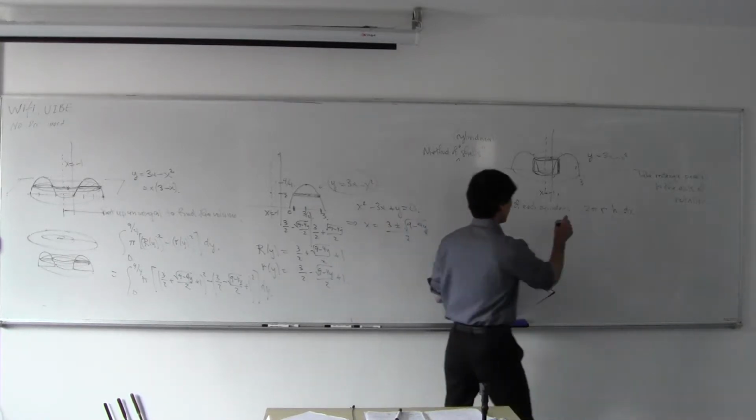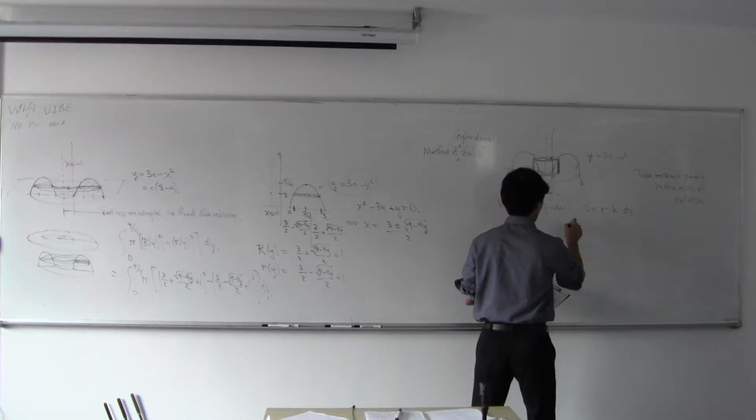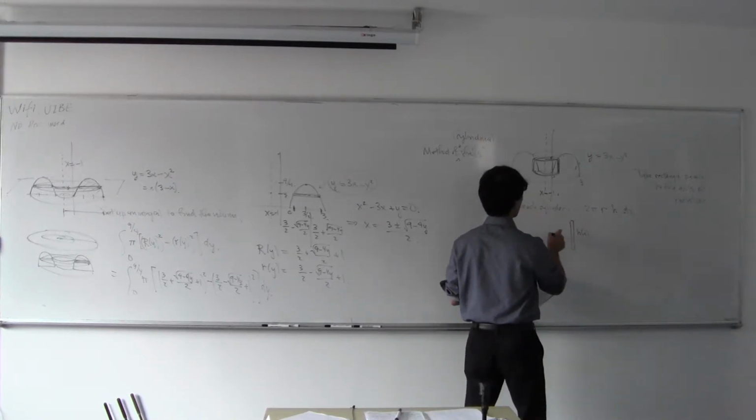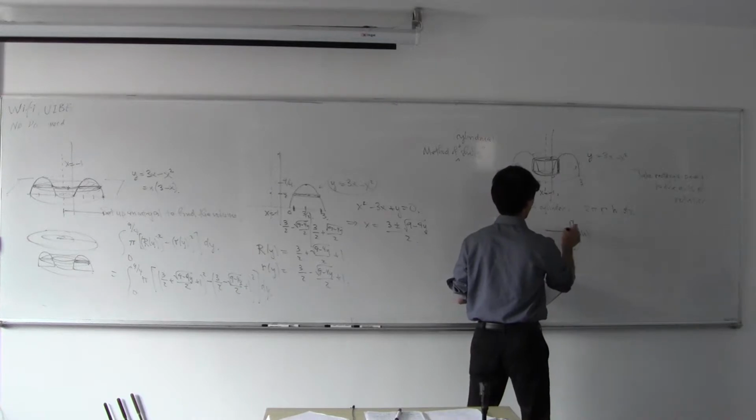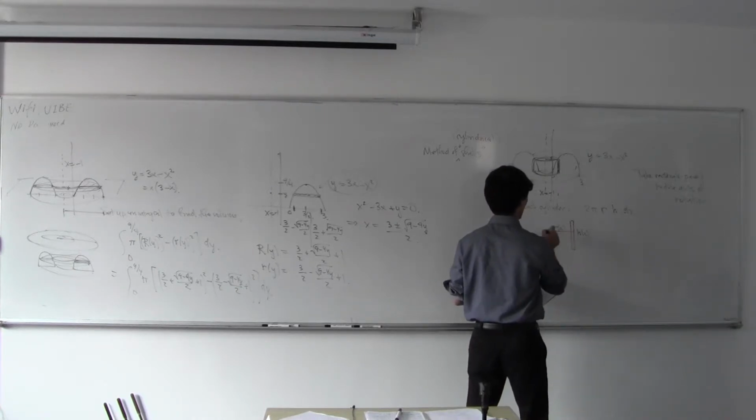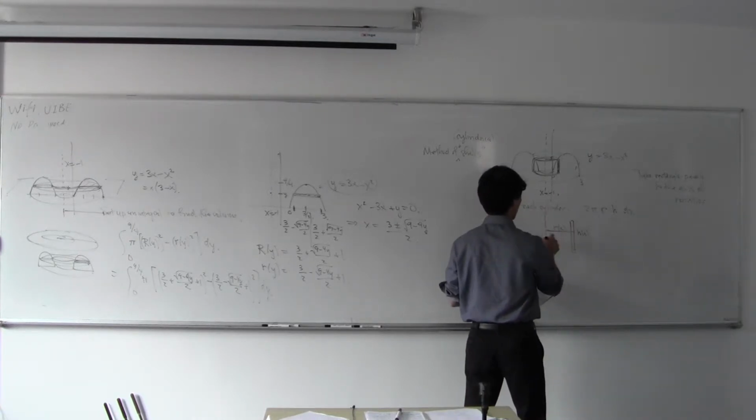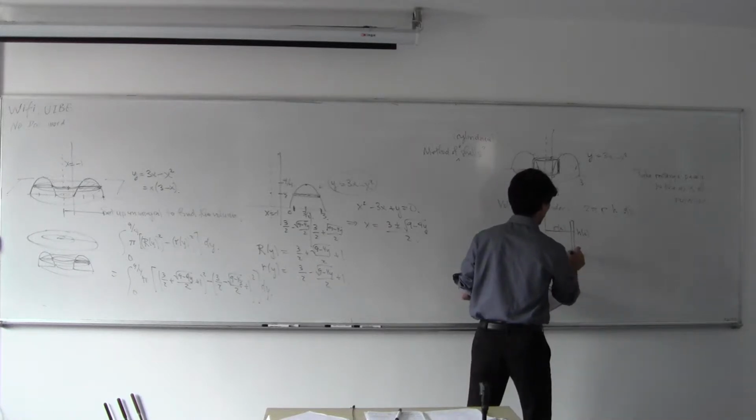So here's the picture: you have a height at x, you have a radius at x, and you have this tiny thickness dx.